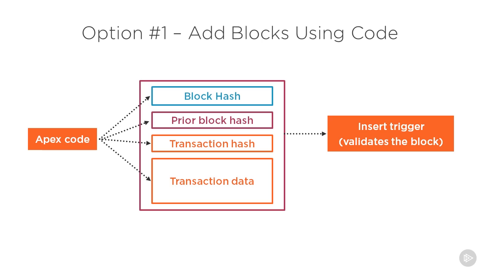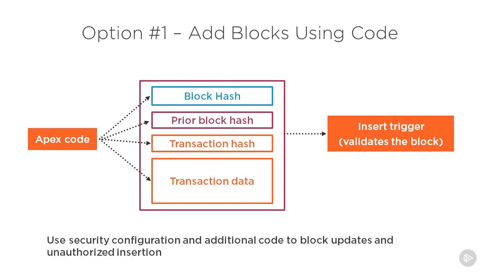It would be impossible for processes, flows, and other declarative constructs to add records. They can't calculate the hash values. Toss in security configuration, blocking profiles from updating and inserting records, and you can do a very good job of restricting record creation to API access or Apex.